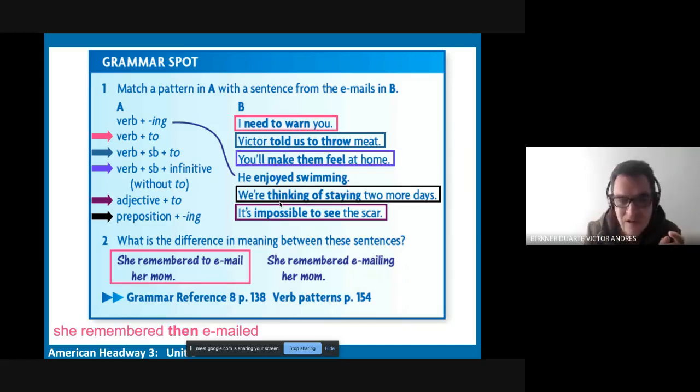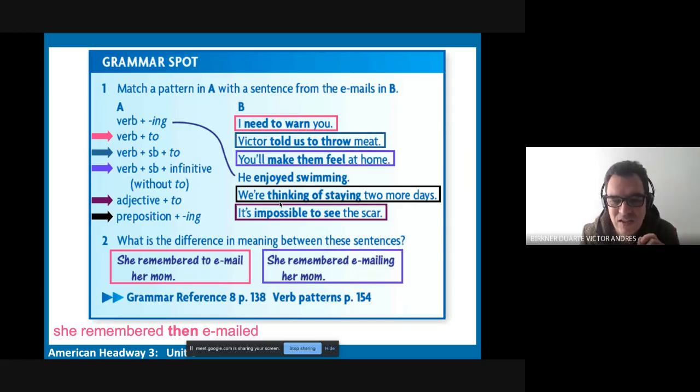And the difference in meaning is this one. In the first sentence, she remembered and then emailed. So remember is the first action, and emailed is the second action. It's like cause and effect.